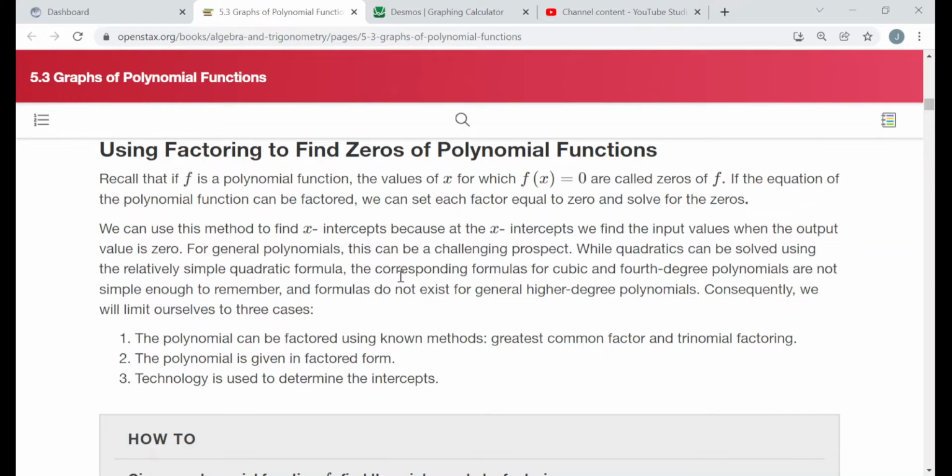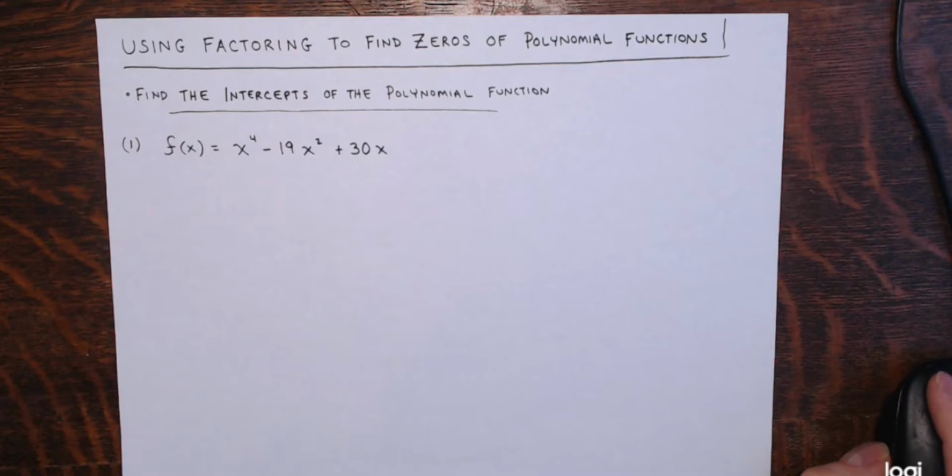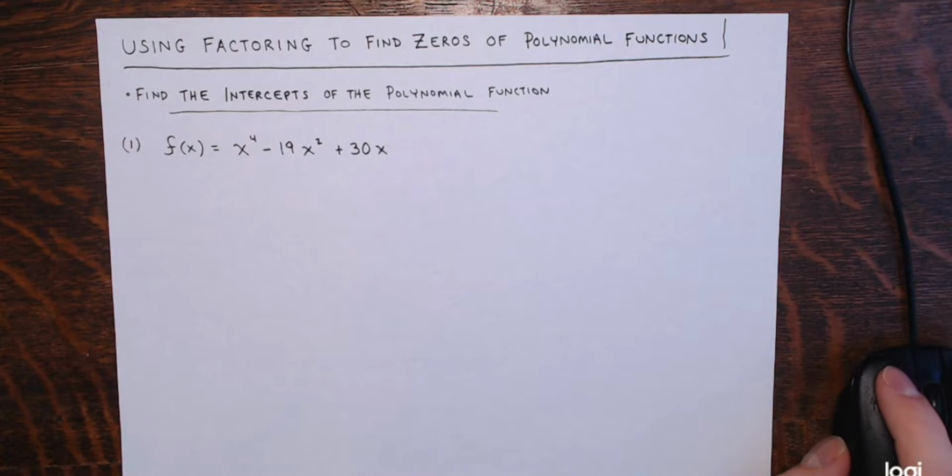Each example is either one of the examples from the reading, one of the try it problems, or one of the exercises at the end of the section related to this objective. I have them all written out, so we shouldn't have to go back to the text.